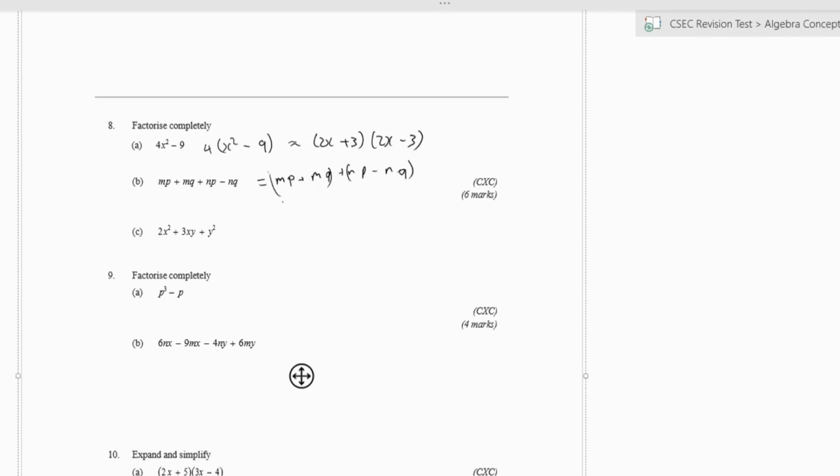Factoring out something, we can factor out m, and then we can see that it is p plus q.